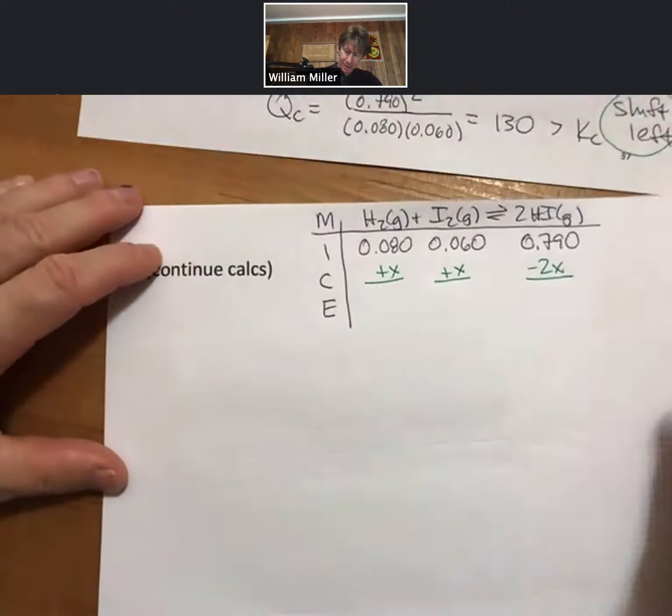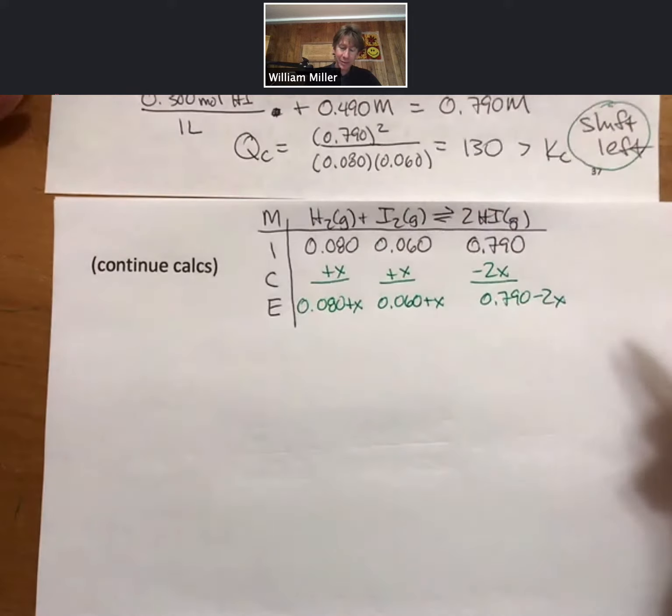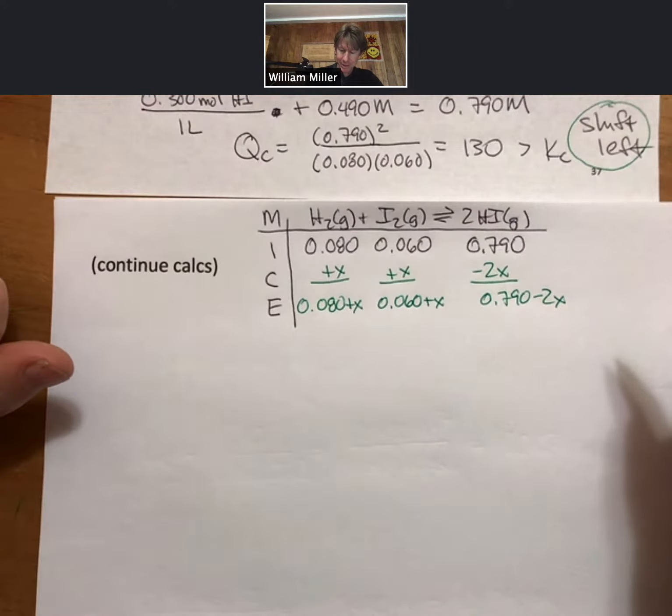So filling in our values here, we can't do any approximations. Our K is 50. So we're going to have to solve the quadratic for this one, I guess. I'm ready.